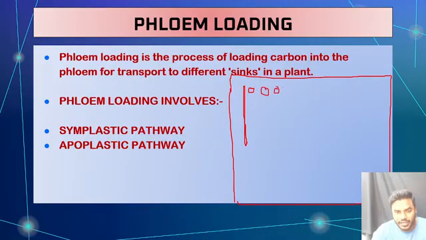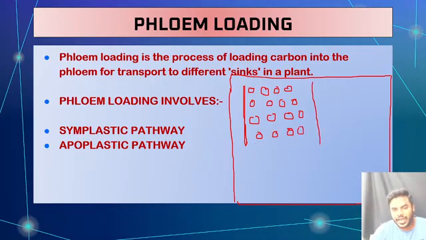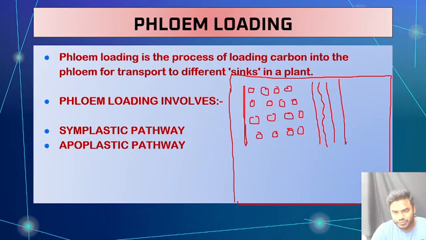Then this is the cortex. The cortex is made up of cortical cells. Then followed by the endodermis. We all know very well the endodermis has the Casparian strip. Then finally the xylem, right? This is the xylem.